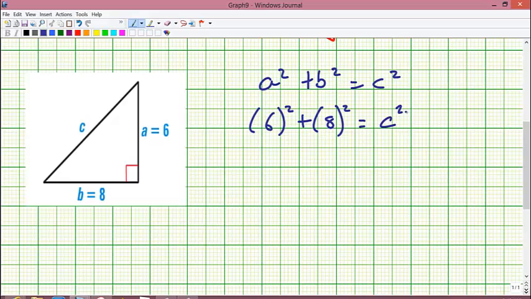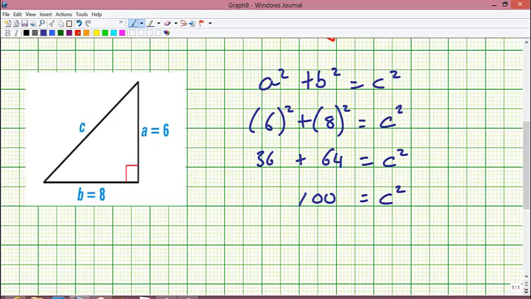Now, we've been looking at these kinds of equations recently, so let's try and resolve this. So 6 squared is 36, 8 squared is 64 equals c squared, 36 plus 64, 100 equals c squared.